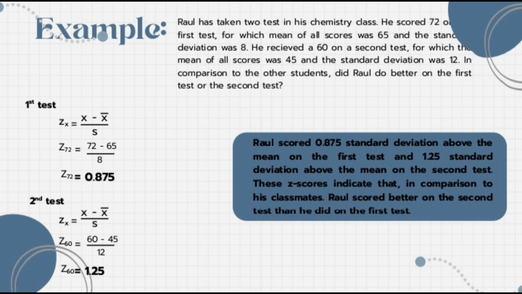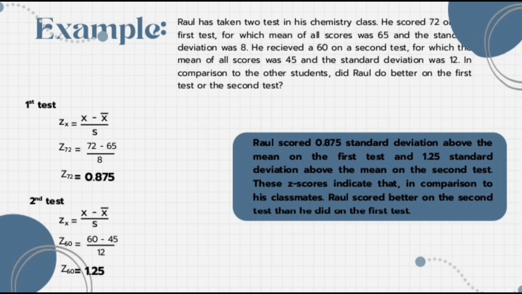While on his second test, the data value was 60 minus the mean, which is 45, divided by the standard deviation 12, is equal to 1.25. So the z-score of Raul from his second test is 1.25.